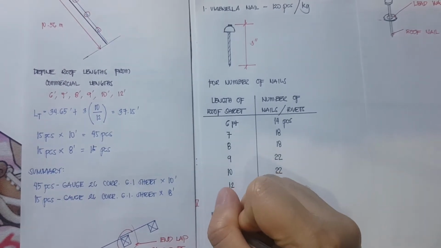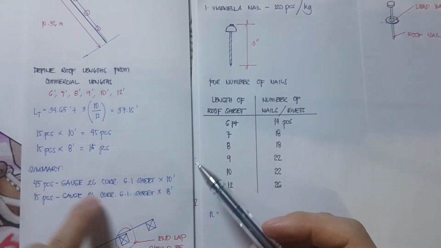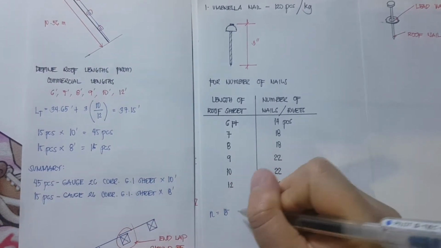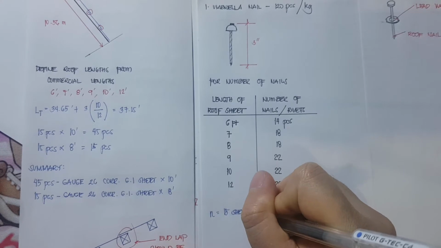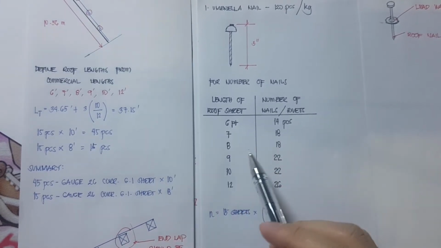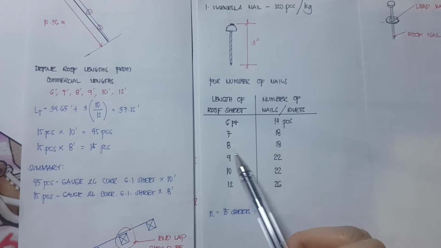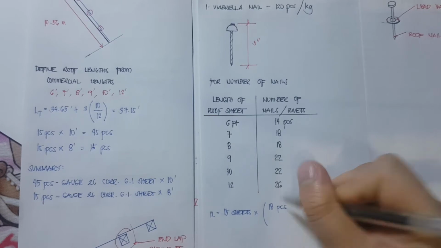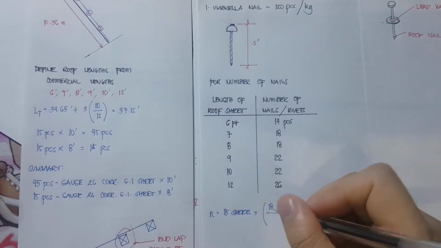Okay? So, N is equivalent to, unahin muna natin si 8 feet. So, for 8 feet, we have 15 sheets, so 15 sheets times 8 feet, that is 18 pieces per sheet.